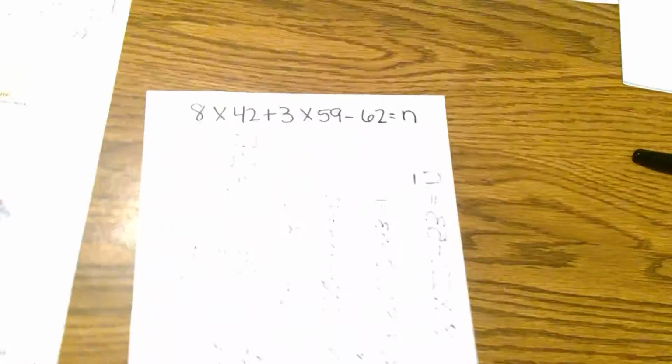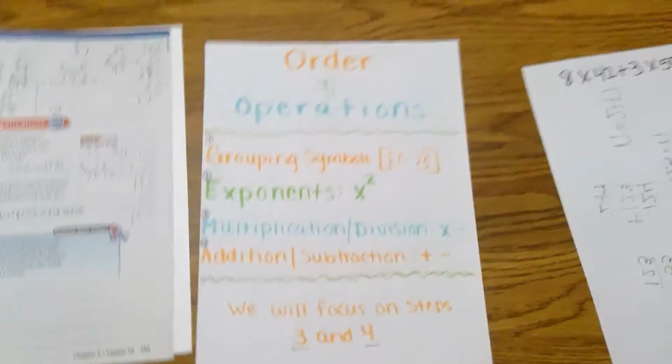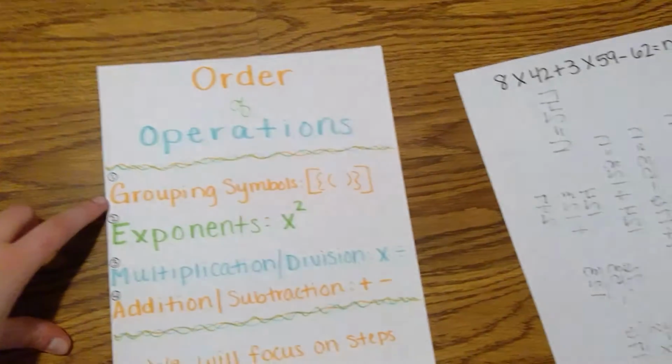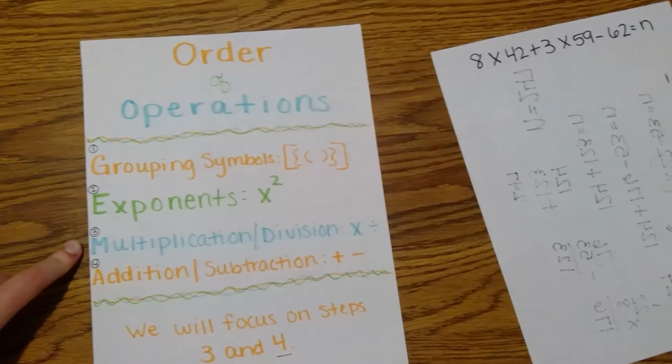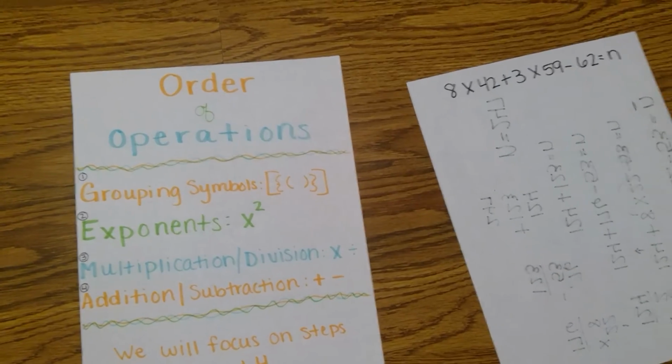So we're solving for our unknown variable, which is n. Remember, we're going to use our chart here: order of operations, 1, grouping symbols, 2, exponents, step 3 is multiplication or division, and 4 is addition and subtraction.